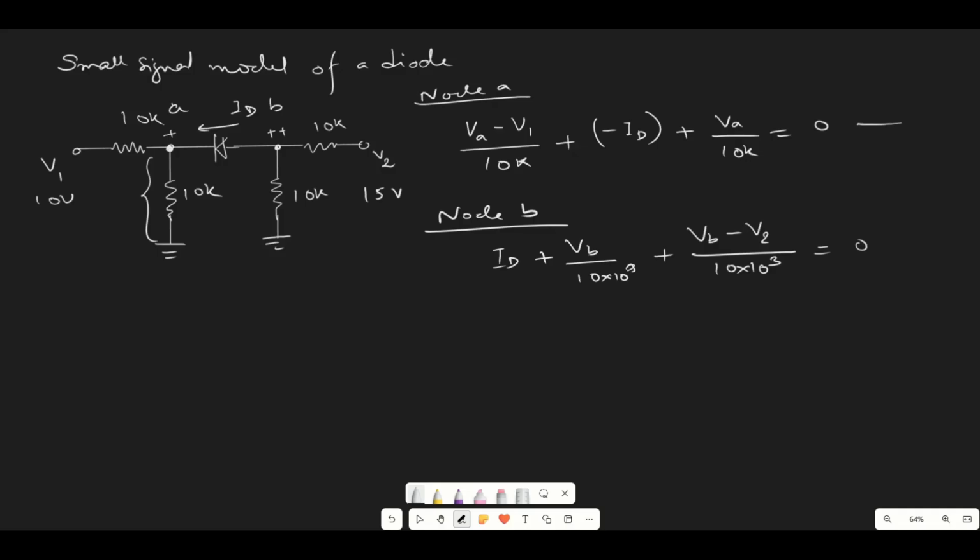So now adding these two equations, which will eliminate ID, after simplifying, it will be 2VA plus 2VB minus V1 minus V2 equals to 0. We already know V1, V2 values, 10 volt and 15 volts.